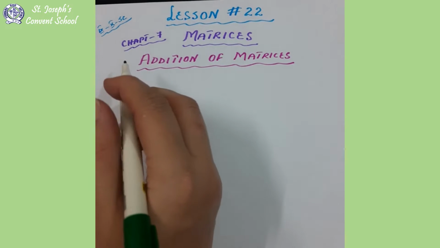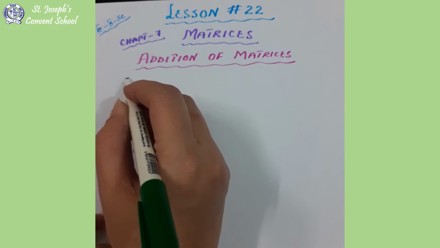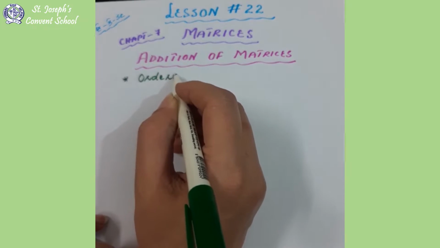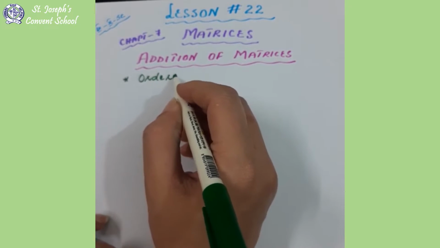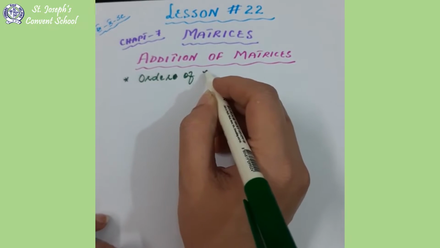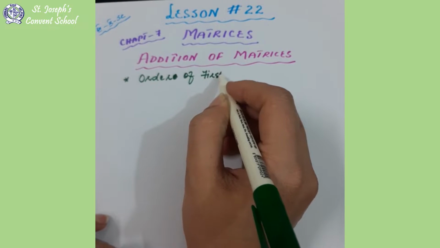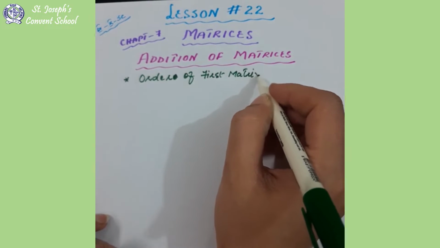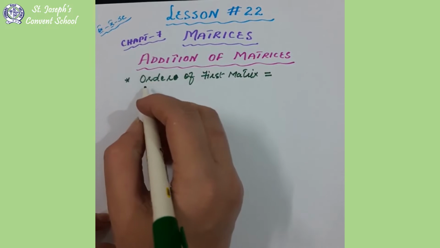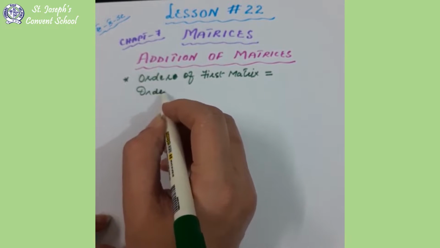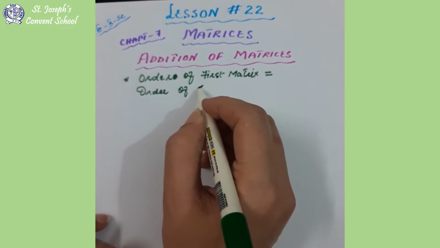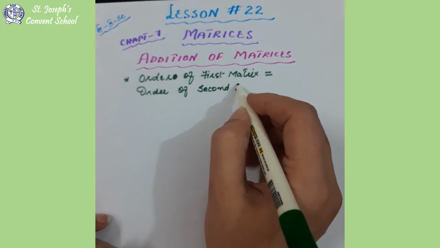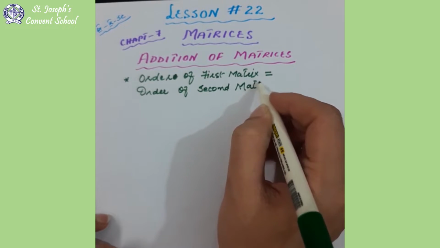The order of the first matrix is equal to the order of the second matrix. If the order is equal, then only you can add or subtract.